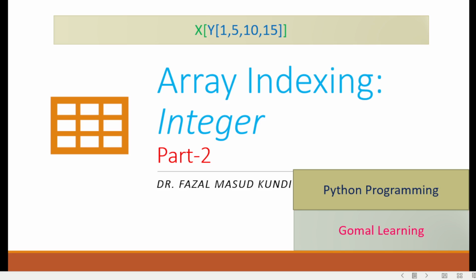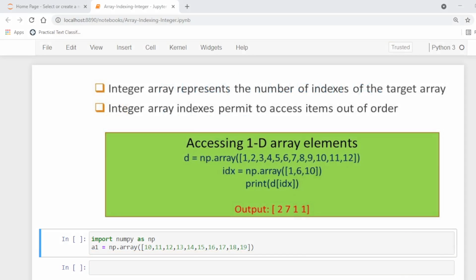In this type of indexing, an integer array is used to specify the indices of the other array. It is more flexible than basic indexing techniques like slicing. The integer array represents the indexes of the target array. Integer array indexing permits accessing items out of order.